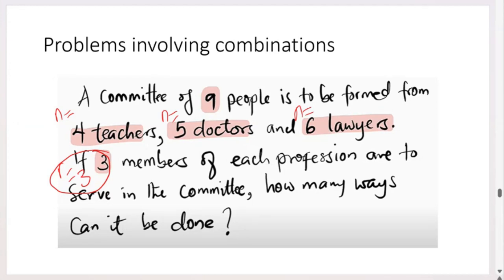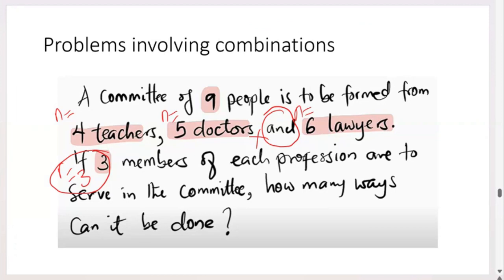Here, it is 3 for each, so R is constant. Remember, this is a combination. We've got 3 variables: 4 teachers, 5 doctors and 6 lawyers. Here the N is multiplication, so it means you're going to be multiplying.